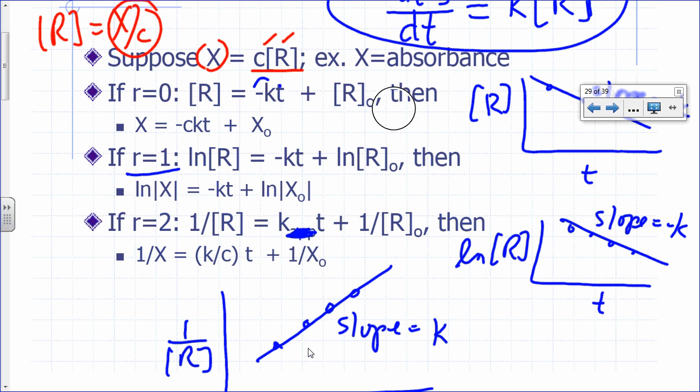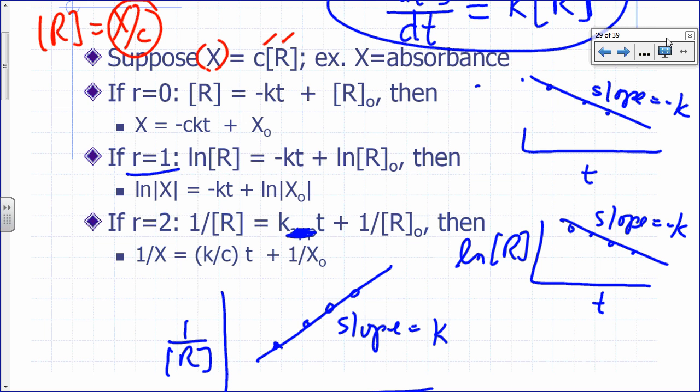You'll still find that in the case of a zero order reaction, X would turn out to be negative CKT plus X naught.